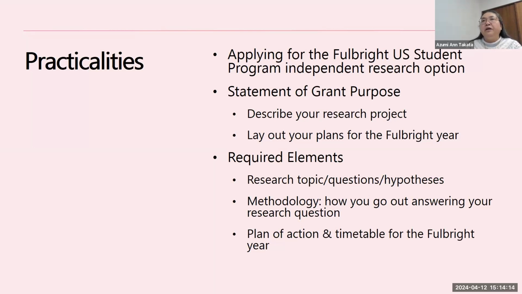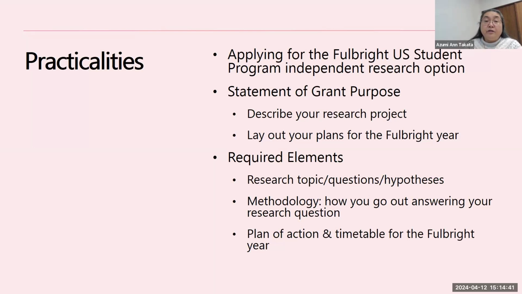And then finally, a plan of action and a timetable for the Fulbright year. In other words, for the 9 to 10 months that you're on the Fulbright grant and in a country doing research, exactly what are you going to do, and what's your plan to get from A to B, the beginning of your research project to the end product that you plan to have at the end of the project.